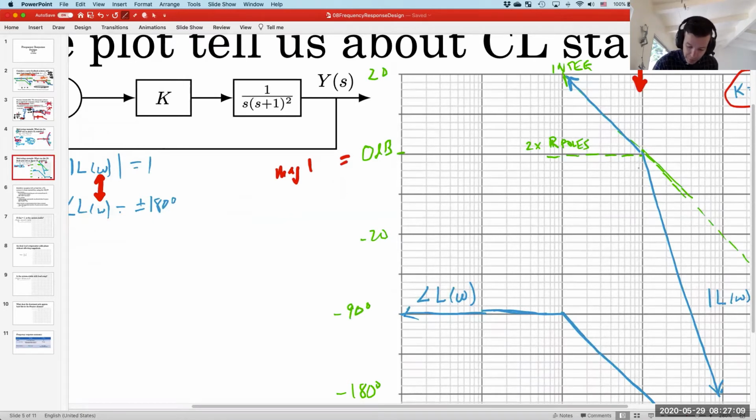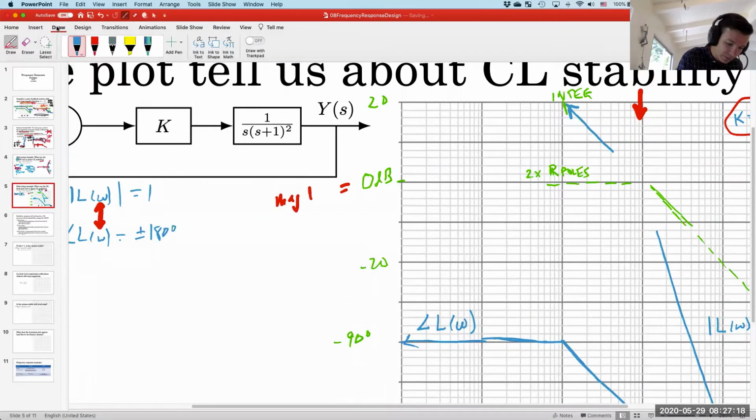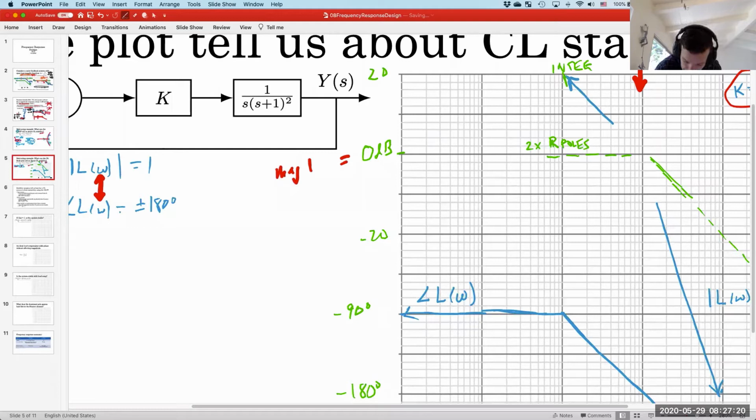And since I have 2 of the kinks, then technically speaking, at 1 radian per second, this ought to be 6 dBs low. Okay, so Jared was correct. It was this diagram that was lying to us. So now there is no frequency where both the magnitude and the phase criterion are satisfied.